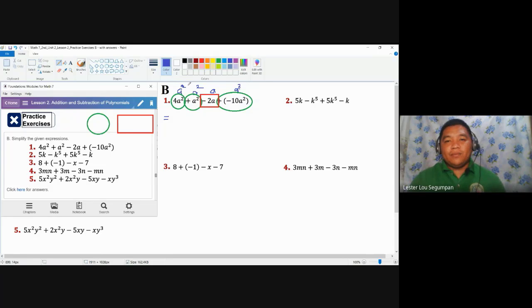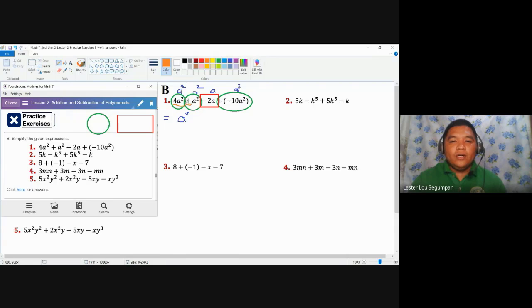In adding or subtracting polynomials or terms, we are only going to operate on the numerical coefficients. Since it's a squared, our first result will also contain a squared. As to the numerical coefficient, it will be determined by the result of operating the numerical coefficients of the like terms. So you have here 4, followed by plus the numerical coefficient of the second term, which is actually 1.